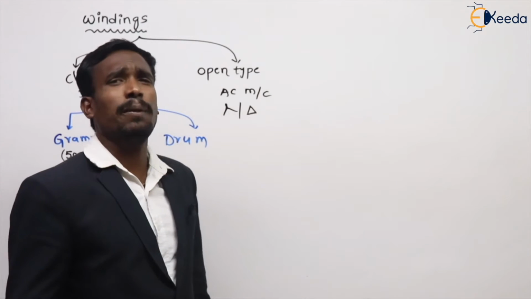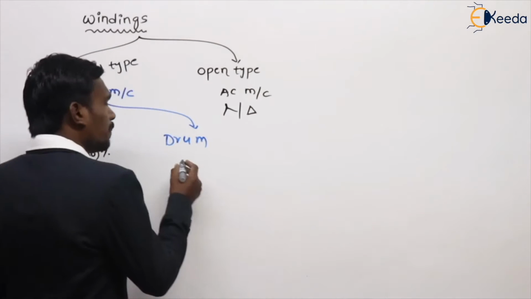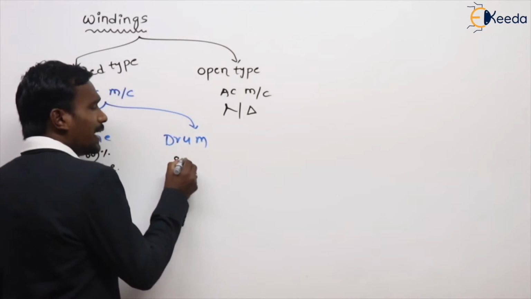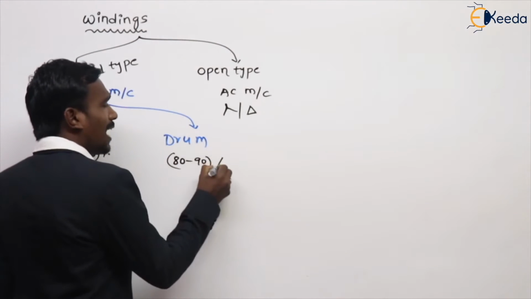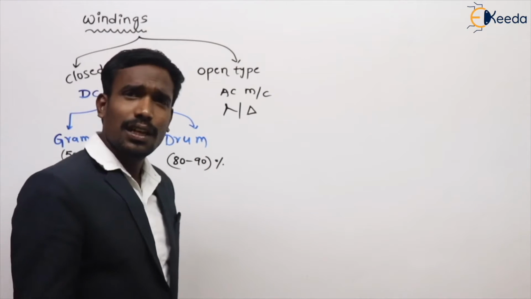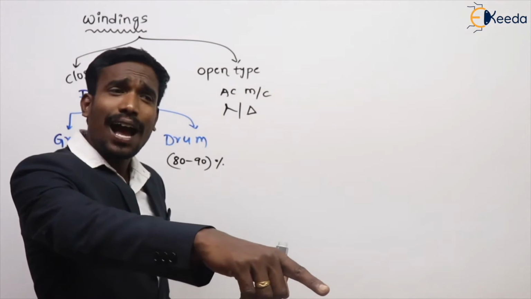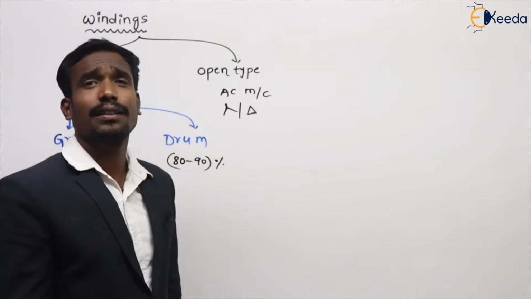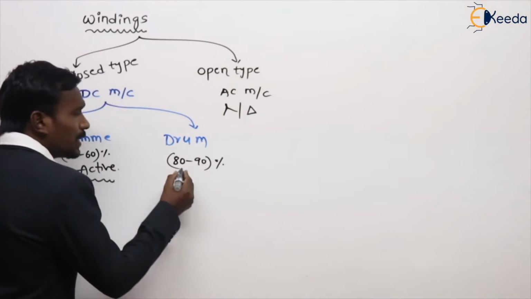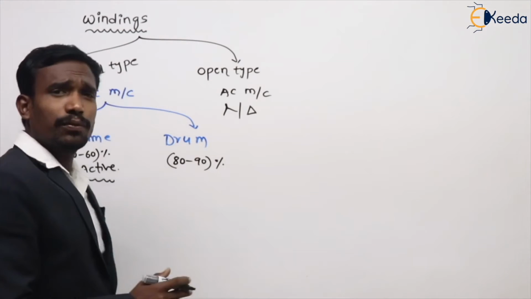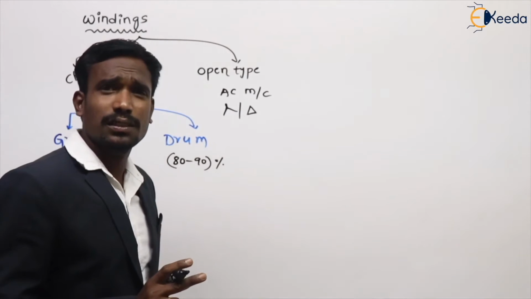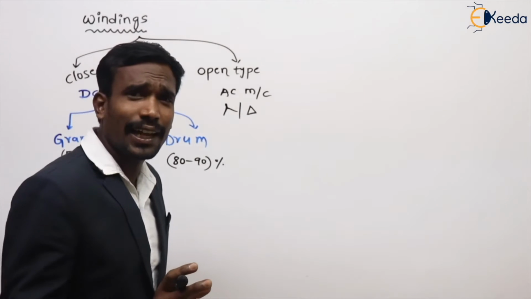What is drum type winding? Drum type winding has around 80 to 90% active length of conductor. Okay, so in this drum type, we again have two types. Listen silently.